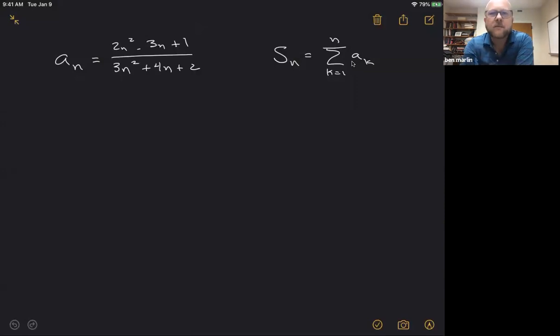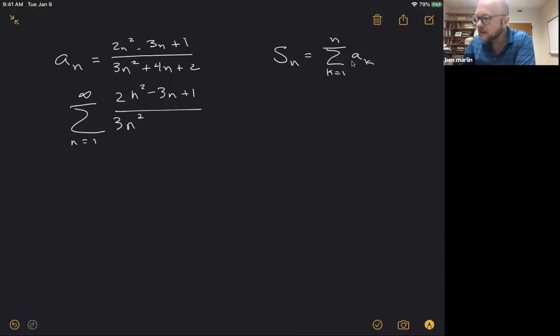So I have an example written down here where we have terms a sub n, and we are looking at the convergence of a series. Now, a series in general would be written down to say something like summation n equals 1 to infinity of 2n squared minus 3n plus 1 divided by 3n squared plus 4n plus 7.